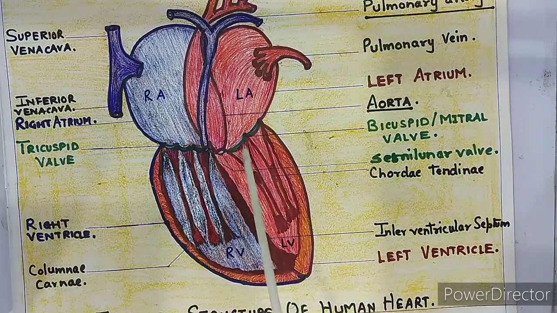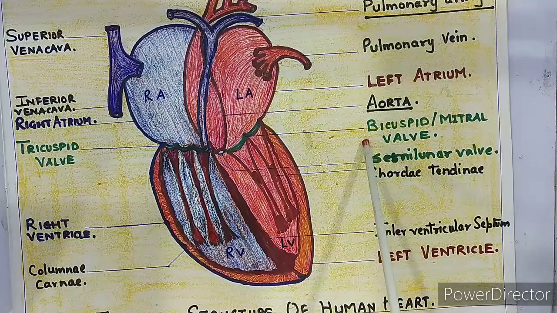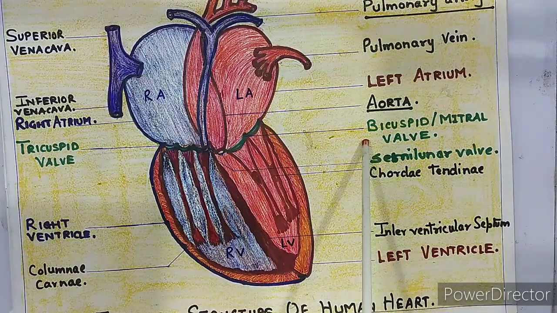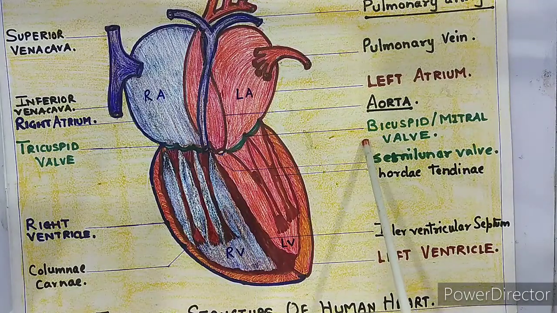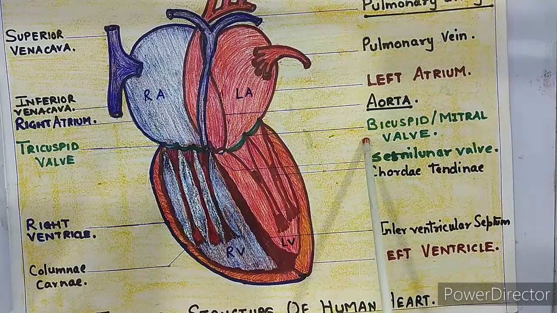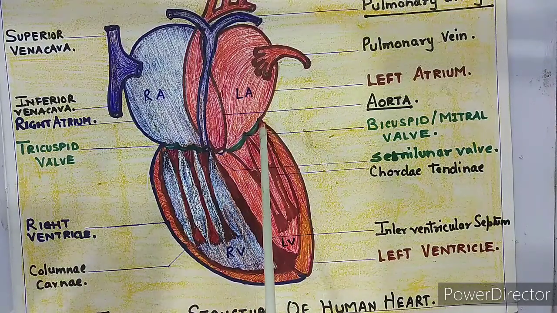So these 2 cup-like valves are called bicuspid valves. It is also called mitral valves. It looks like a cap. The name mitral is given since it looks like a cap which is kept on the head.